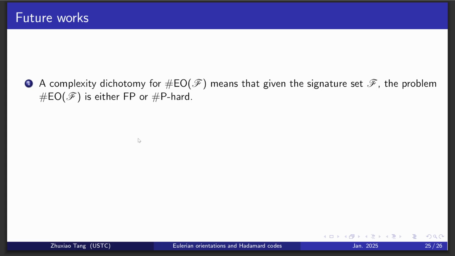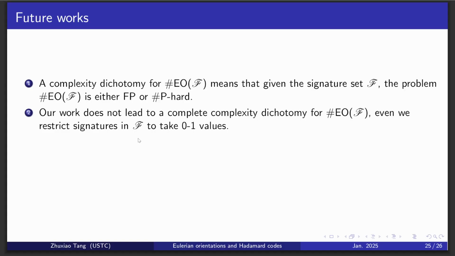Here are some future works. We want a complexity dichotomy for counting EOF. That means, given the signature set F, the problem parameterized by F is either in FP, which means it's polynomial-time computable, or it's sharp-P hard. Our work does not lead to a complete complexity dichotomy for counting EOF, even if we restrict signatures in F to only take 0 or 1 values.